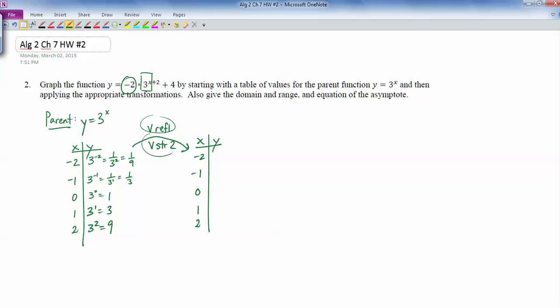So it's like multiplying y's by -2, right? So instead of 1/9, now I've got -2/9. And instead of 1/3, I've got -2/3. Instead of 1, I've got -2. Instead of 3, I've got -6. Instead of 9, I've got -18.